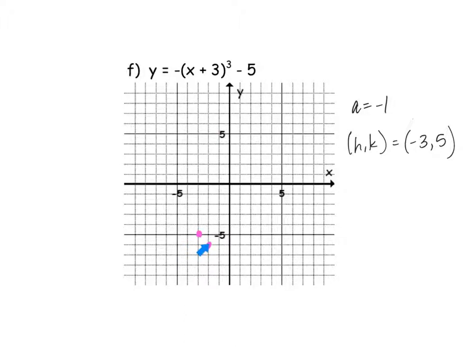I went over 1 and down 1, so I'm also going to go back 1 and up 1. That's going to be right there. From here, I'm also going to go back 2 and up 8 to get that third point on there. When I say back 2, I'm going from my locator point with the cubic. You don't have to do that. You can go back in 7, but for some reason I need to go from the locator point on my cubics.